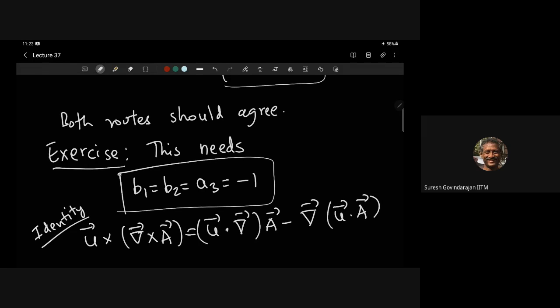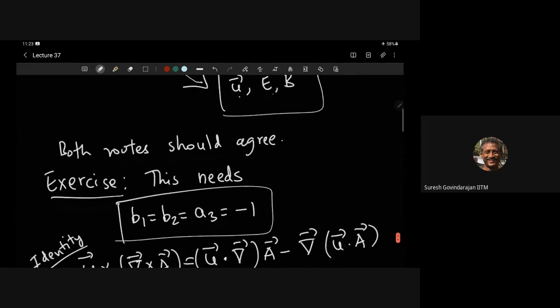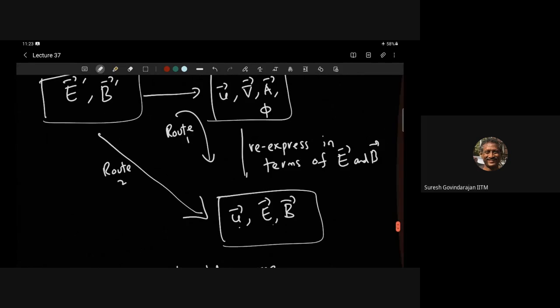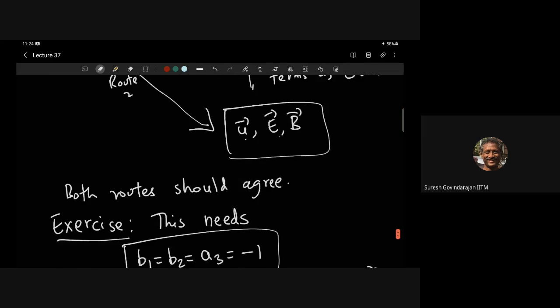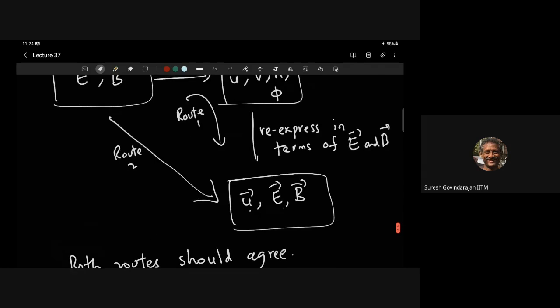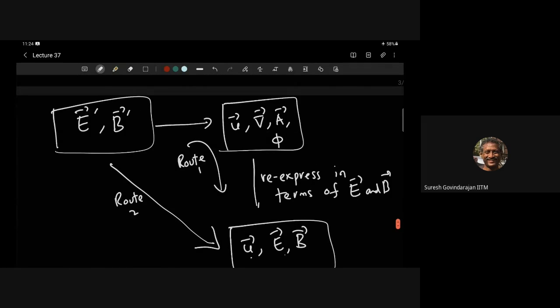But what is important here is, if you look at route 1 and route 2 agreeing, there are many terms. It's not like there are just 3 terms. If there are 3 terms and you fix 3 numbers, you're done, right? But there are more than 3 terms. So actually it's the fact that a solution exists that is important. The first observation is that there exist values of B1, B2, and A3 such that, as they say in mathematics, this diagram commutes.